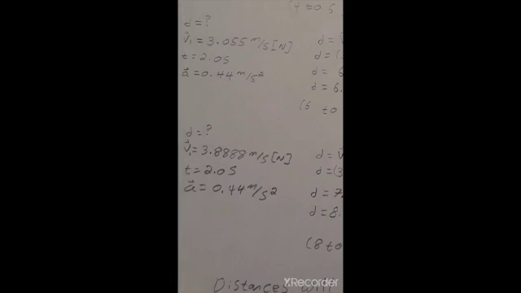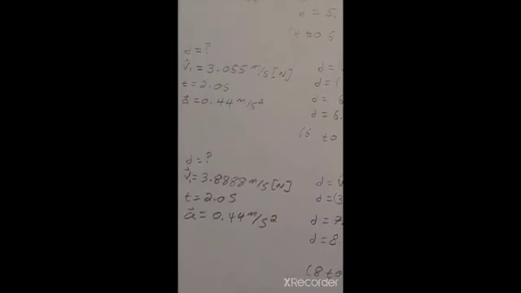This time, for 8 to 10 seconds, the V1 is equal to 3.8888 meters per second north. Our time is still 2, with acceleration staying the same throughout, 0.44 meters per second squared. Distance equals V1t plus half of acceleration times time squared.